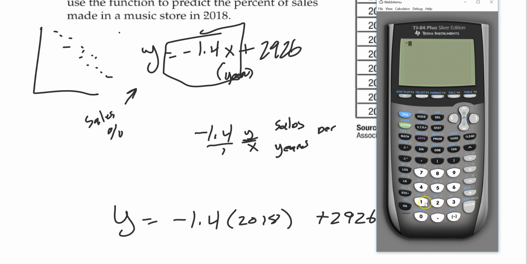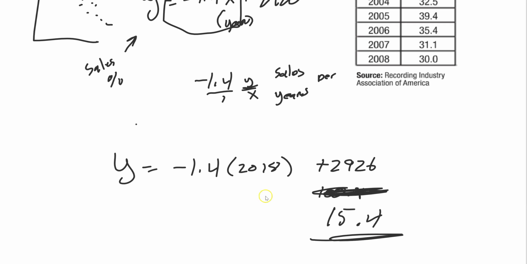So negative 1.4 times 2018 plus 2926. And I get about 100%. So I made a mistake somewhere because that is wrong. It should be about 15.4%. I think I rounded it too far.